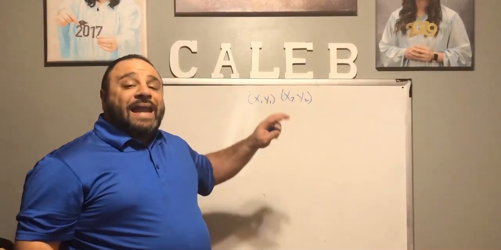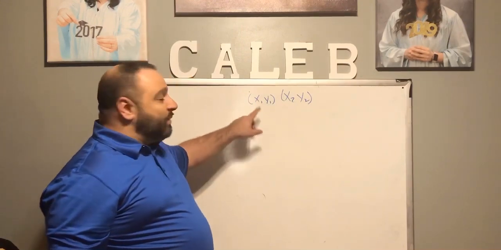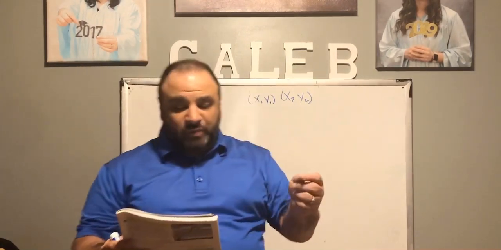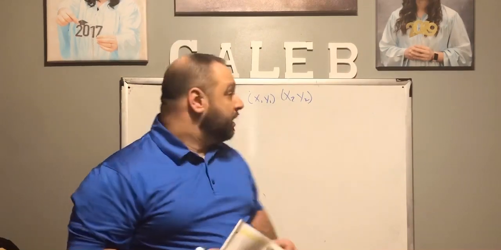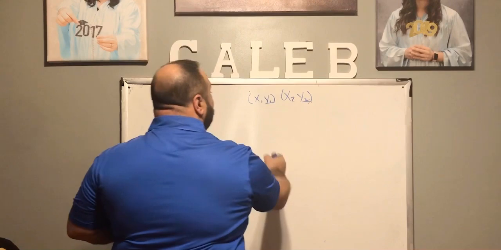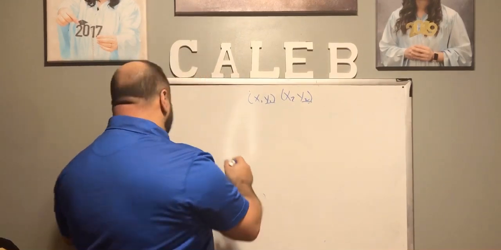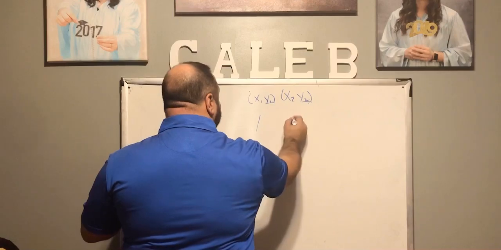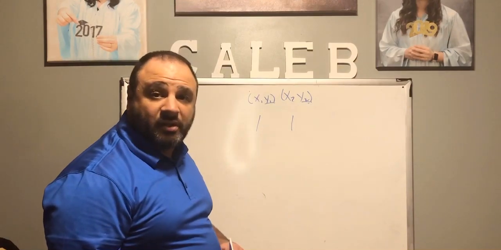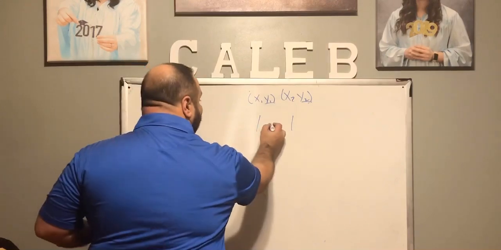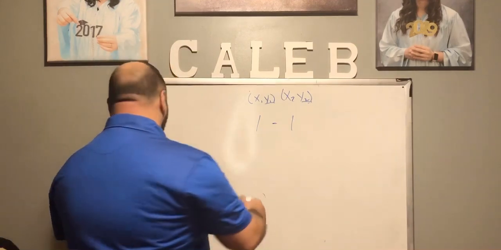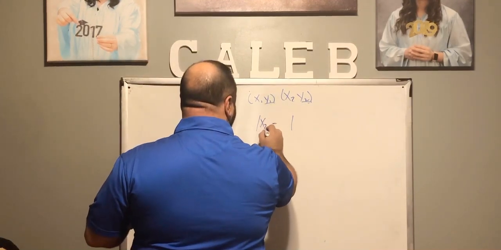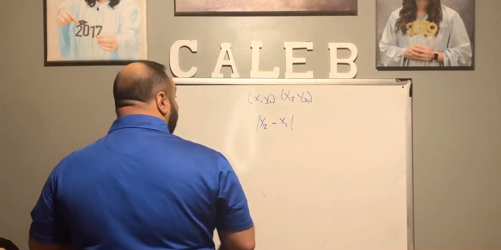To find the distance between these 2 points, we simply take the absolute value of the difference. The difference is subtraction of the 2 abscissas, so we would go x2 minus x1. You can see this in your book.